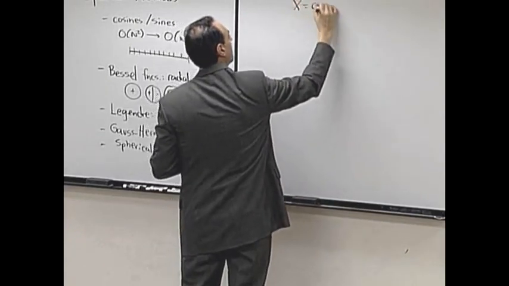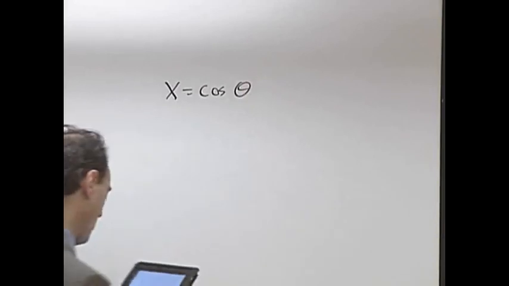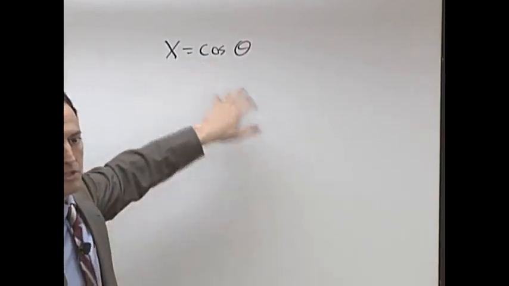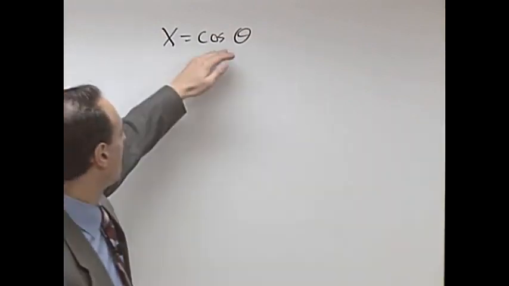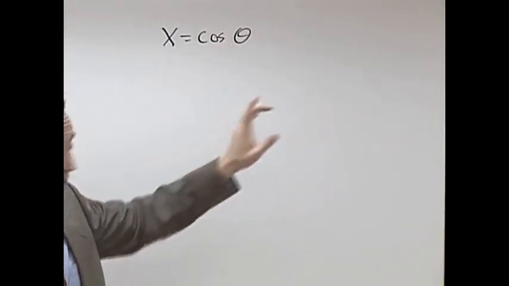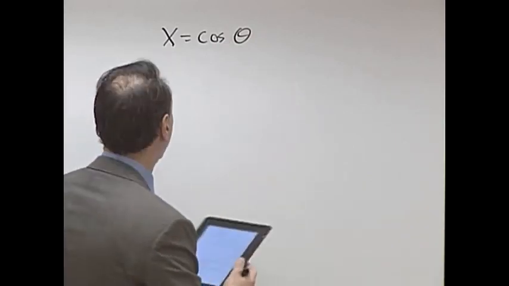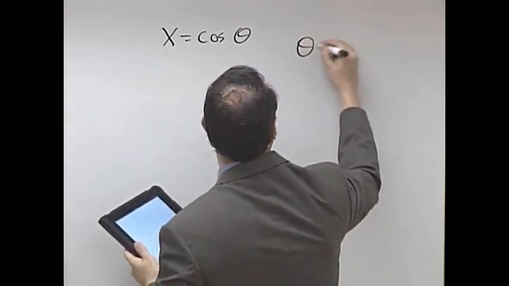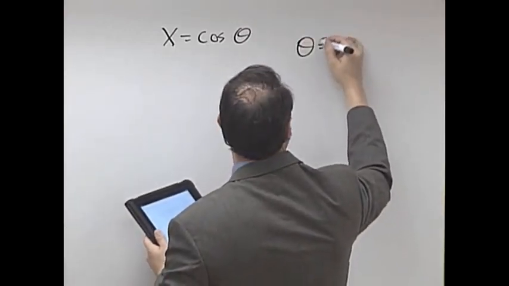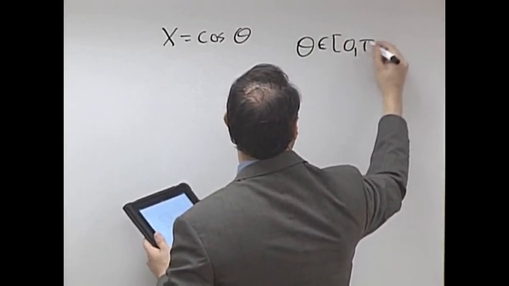Here's your connection. This is the big formula associated with Chebychev, is this. The x equals cosine theta. And if I have this here, I can do the way I defined Chebychev, I can do the discrete Fourier transform. But here's the connection formula, where theta basically, right, is going to go from 0 to pi.